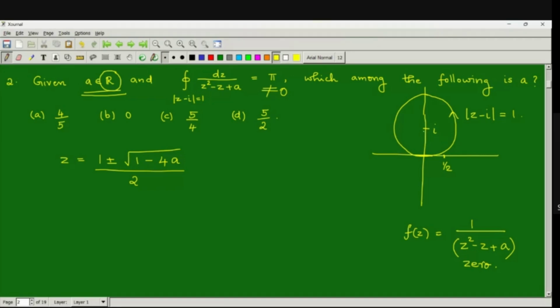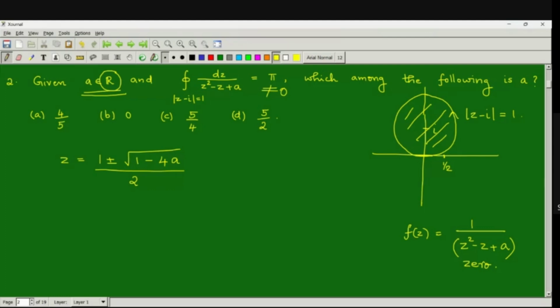Is there any question? Can you repeat one more time, ma'am? Yeah, sure. What we were looking into is the denominator, such that the denominator has a zero inside the circle, right? So what I am telling is that the zeros are precisely 1 plus square root of 1 minus 4a by 2 and 1 minus square root of 1 minus 4a by 2.